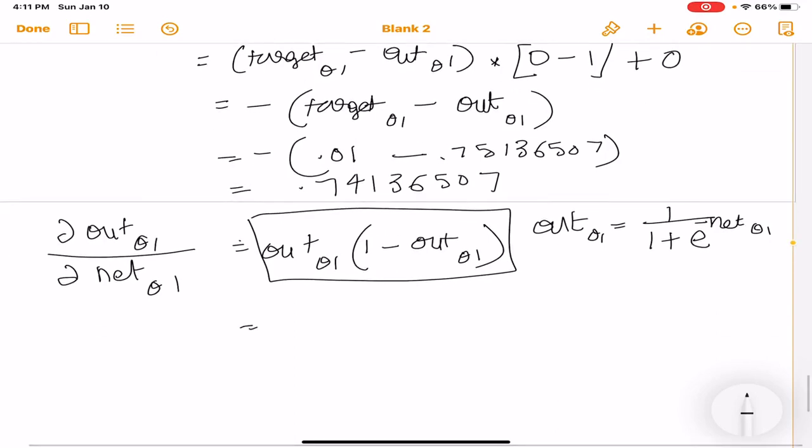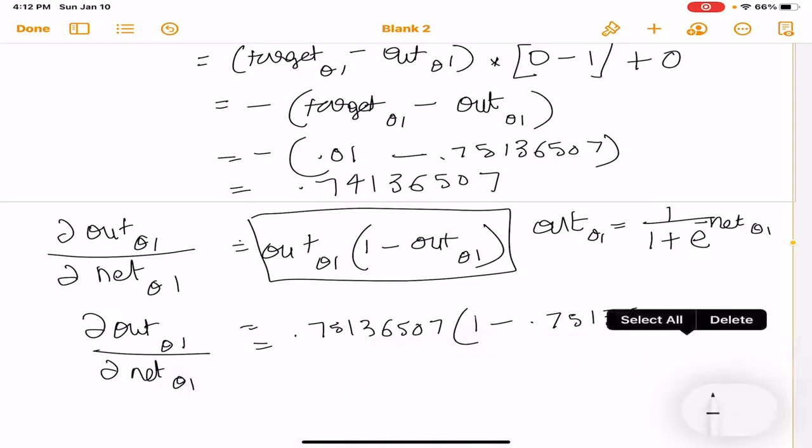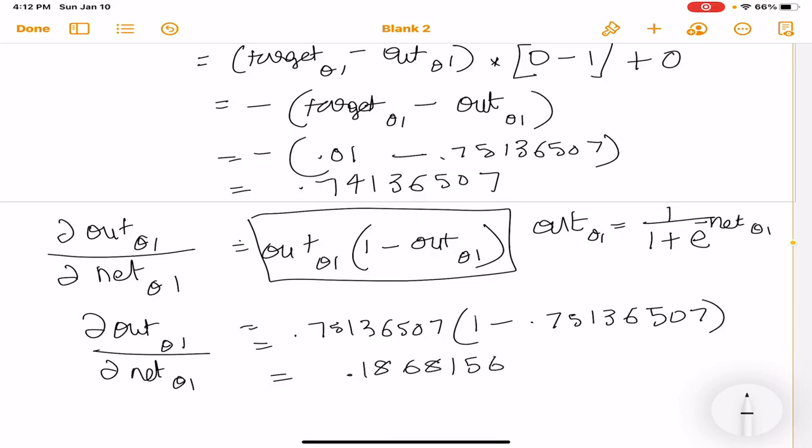So I can just substitute the value. So dou out O1 by dou net O1 is equal to out O1, which is 0.7513657, into 1 minus 0.7513657, and when I do this, I get the value of 0.186815602, right?